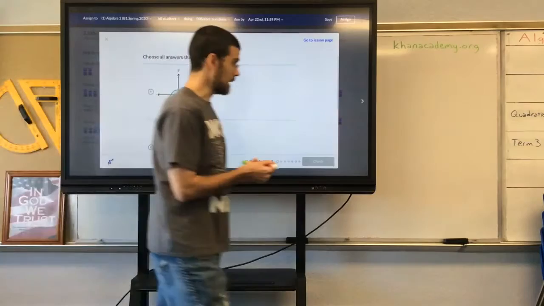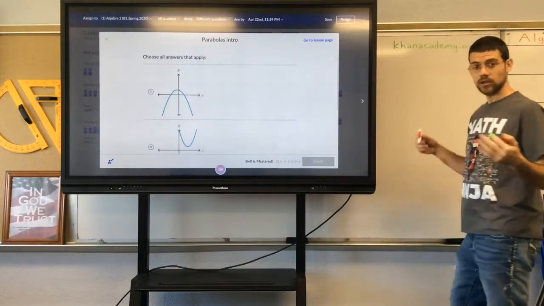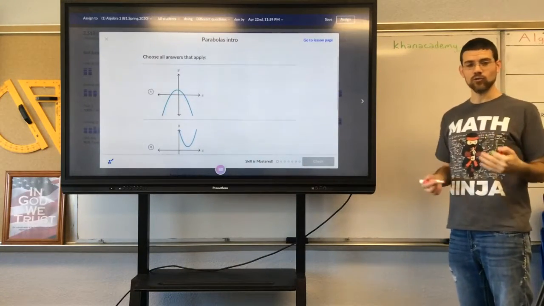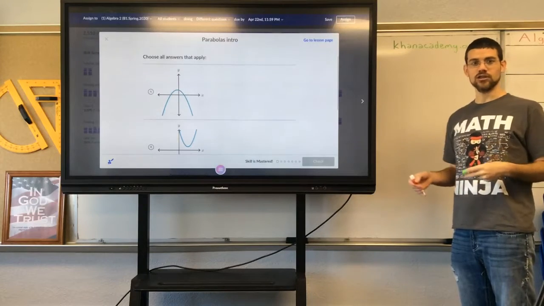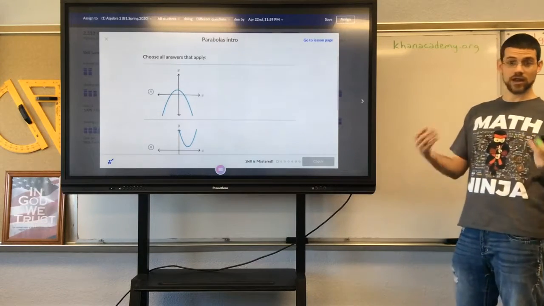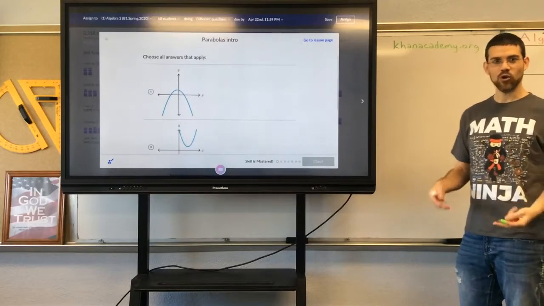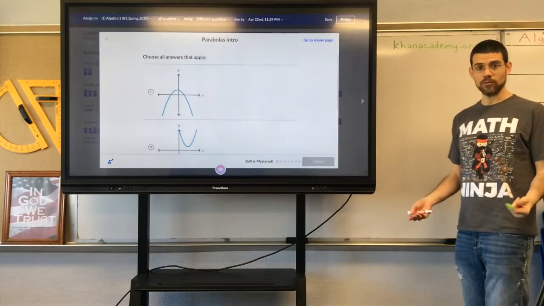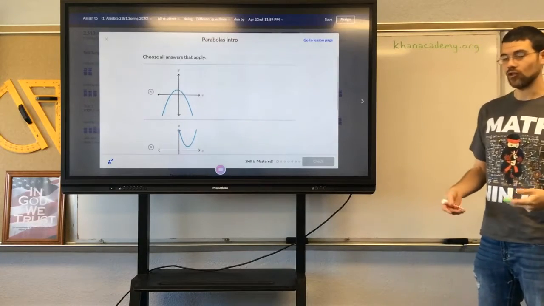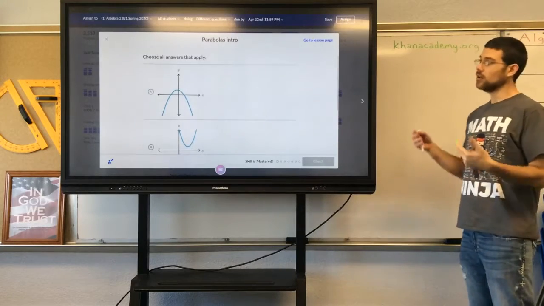So a quadratic function can be expressed in several different ways, just like linear functions can be done in standard form, point-slope form, slope-intercept form, and other forms of equations will give you lines.